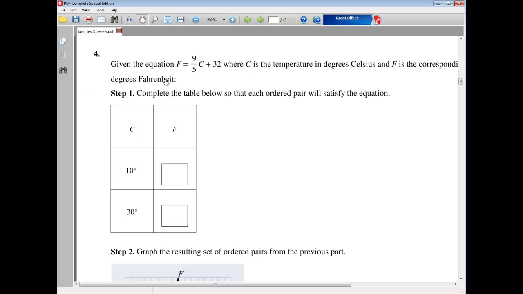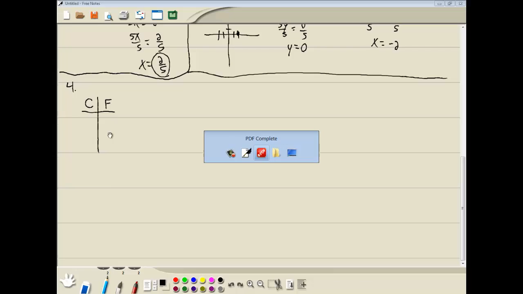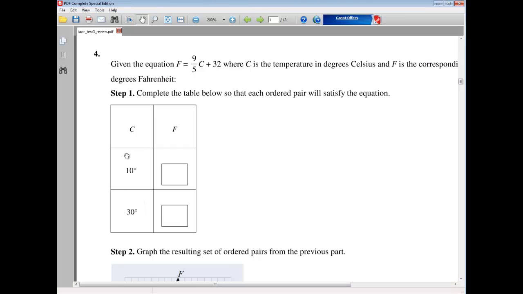We are given the equation F is equal to 9/5 C plus 32, where C is the temperature in degrees Celsius, F is the corresponding degrees in Fahrenheit. Complete the table below so that each ordered pair will satisfy the equation. So we want to build a t-chart again. So we got C and F. And C, they're telling us are 10 and 30.